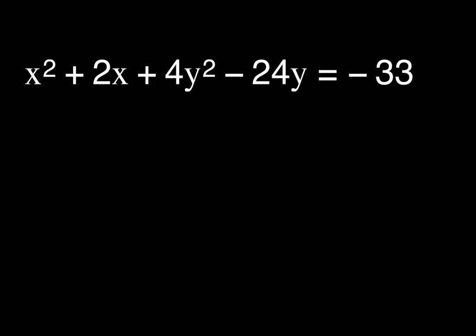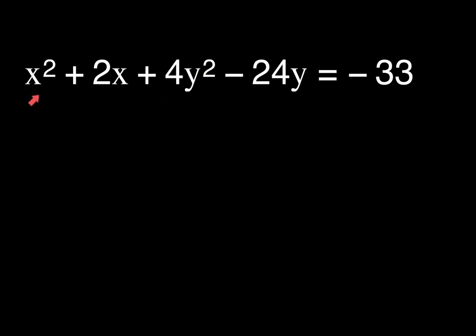But for our sake, I'm going to look at this and say, at a glance, I know this will be an ellipse. The reason why I know, aside from the fact that that's what we're talking about, and naturally you're like, well, of course it's going to be an ellipse, because he just showed us the ellipse formula. Both of them are squared, the x squared and the y squared.